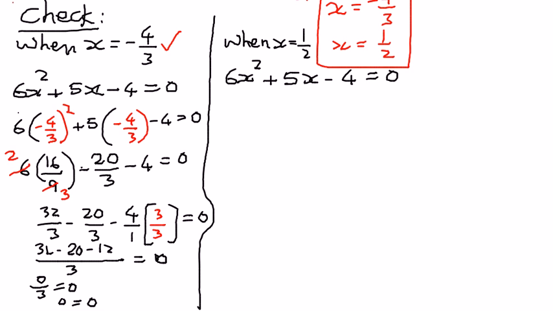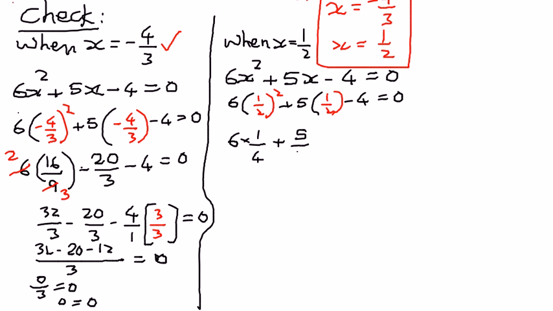When x equals half, this is the way we want to substitute. 6 times 1 half raised to the power of 2, plus 5 times 1 half, minus 4 is equal to 0. So I can simplify this as 6 times 1 divided by 4, 1 squared is 1, 2 squared is 4, plus 5 over 2 minus 4 is equal to 0.